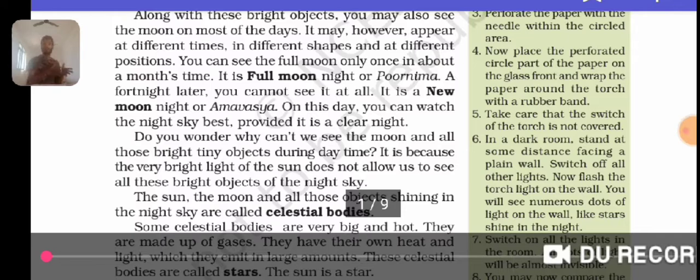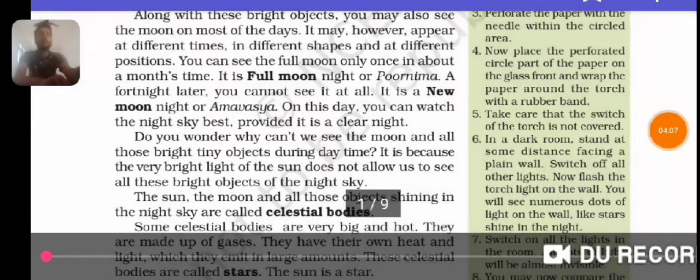Now the question arises: why are we not able to see the moon and all the tiny objects during the day? Do you have any idea about this? Let me tell you.